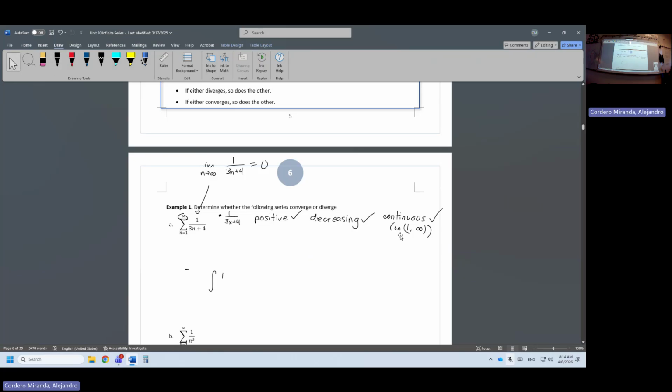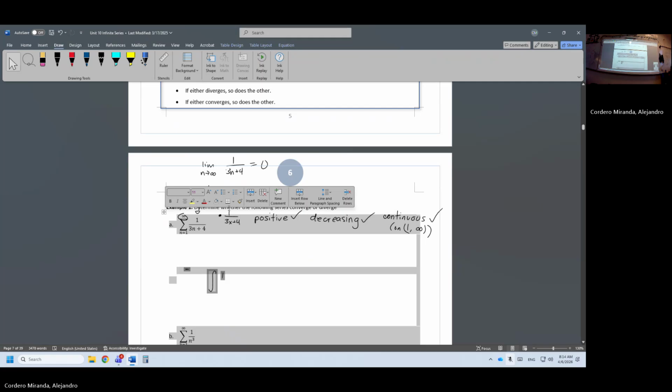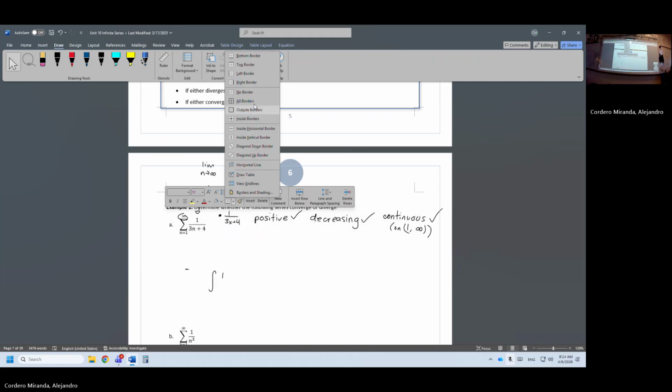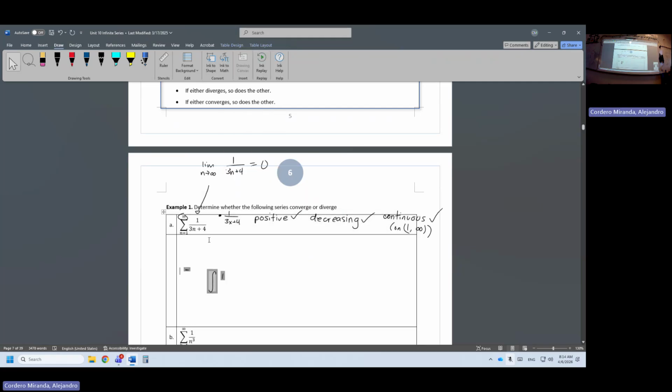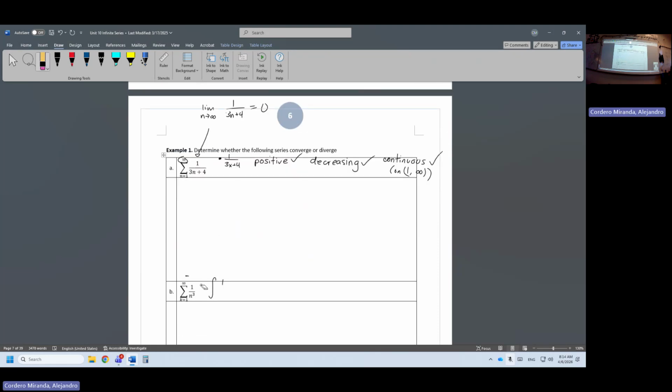Okay, erase this, erase this. All right, now. So the integral test just says take this integral, and if the integral converges, then so does the sum, and vice versa.